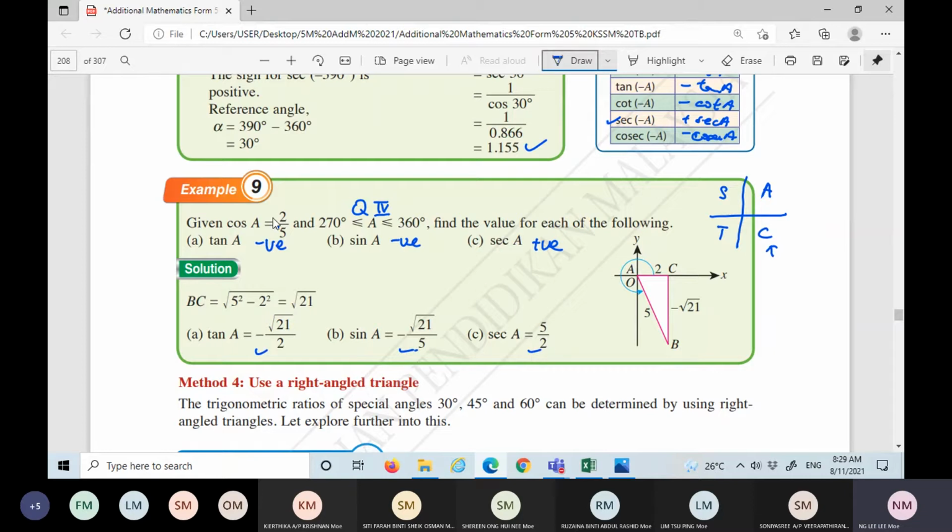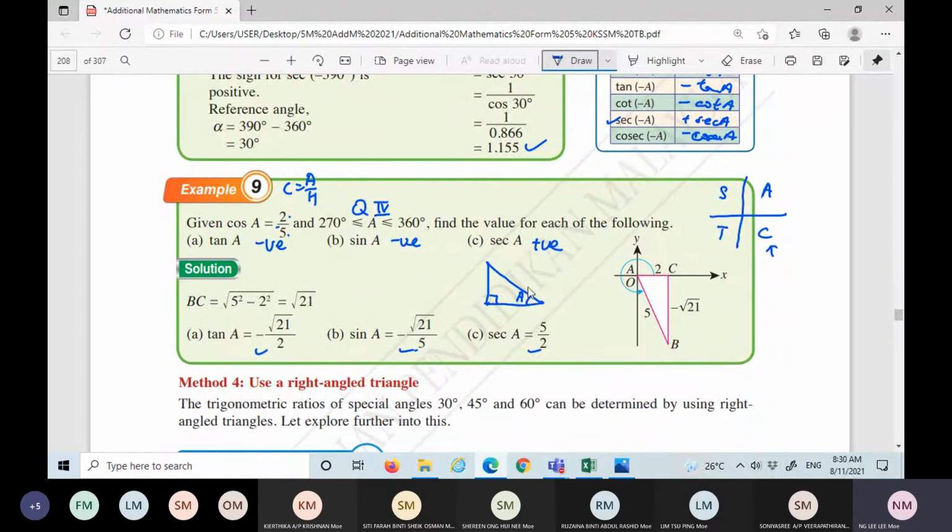So how to get all this? You have to write out the triangle, same thing. You don't have to draw the triangle so that it falls in the fourth quadrant. Once you decide the sign already, you can draw the triangle any way. Just make sure you have the angle A. Cos is adjacent over hypotenuse.